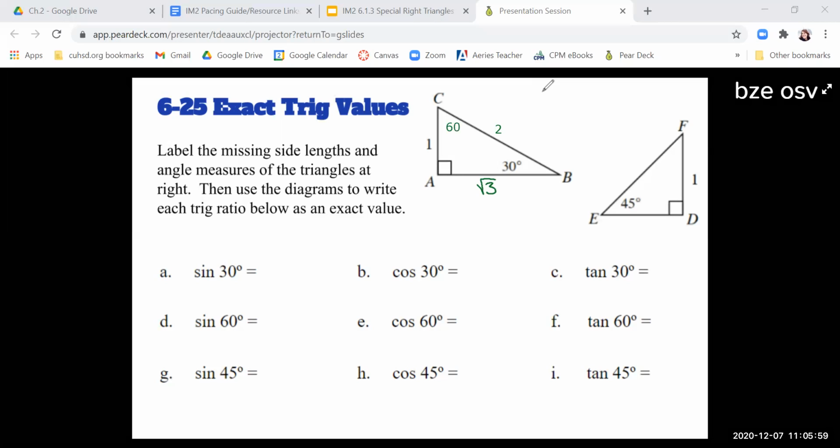And then for the second triangle, we have a 45-degree angle and a 90-degree angle, and since they have to add up to 180, our missing angle is also 45 degrees. Because this is isosceles and has 2 sides equal to each other, if FD is length 1, ED will be the same length of 1.